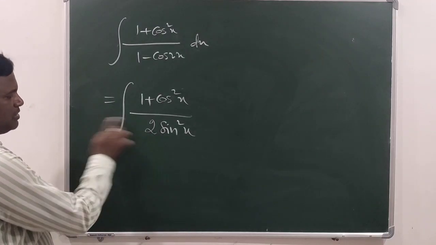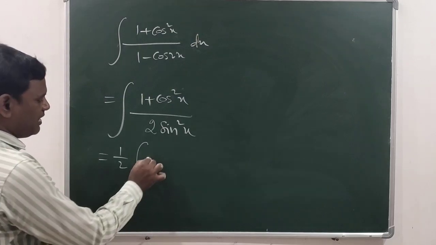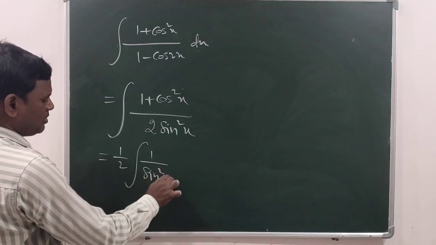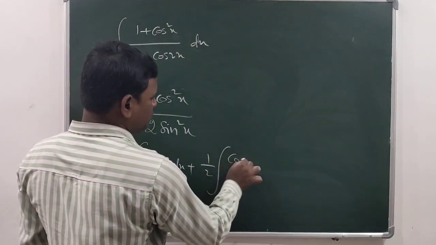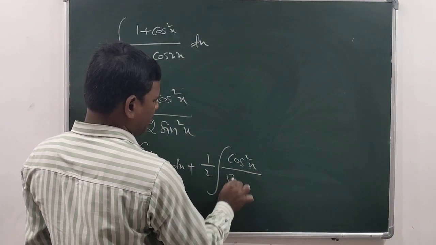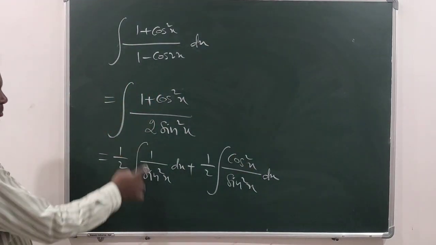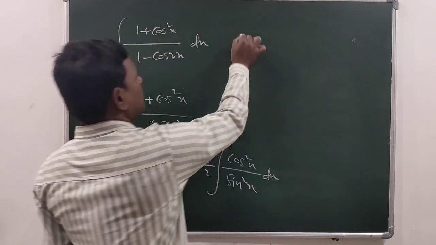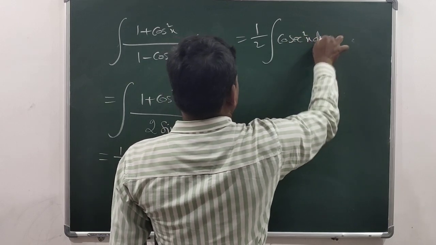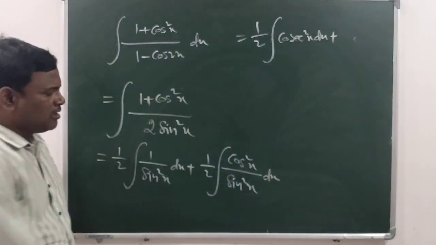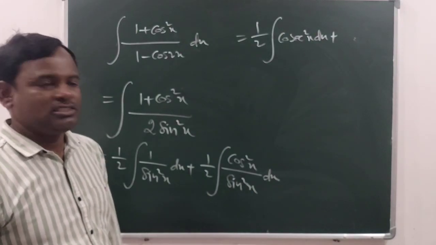So in the next step, this 2 I would like to write outside. Now it can be written as 1 by 2 of integral of 1 by sin square x dx plus 1 by 2 of integral of cos square x by sin square x dx. Now you know 1 by sin square x can be written as cosec square x, cosec square x dx, plus cos square by sin square can be written as cot square x.